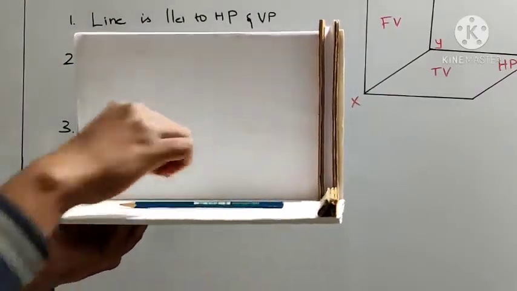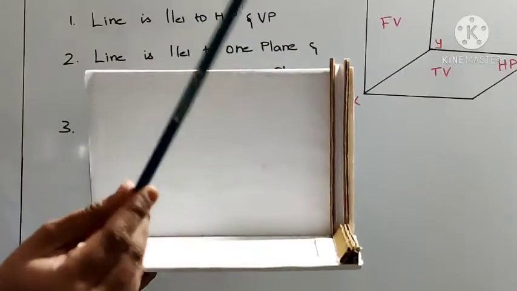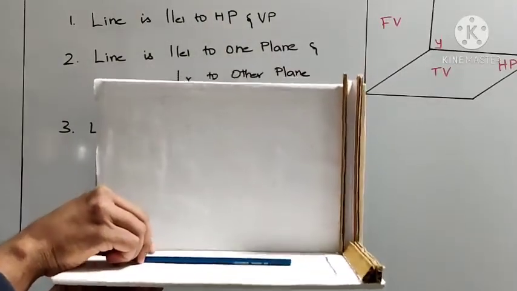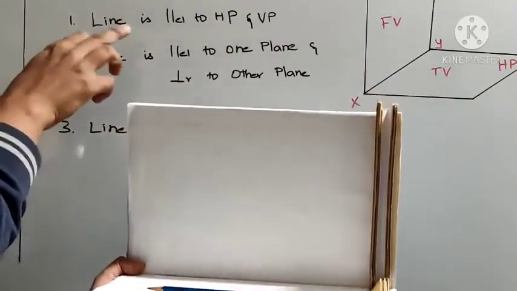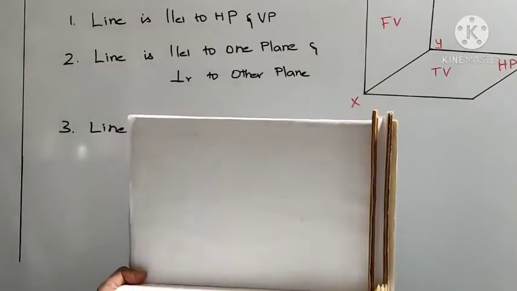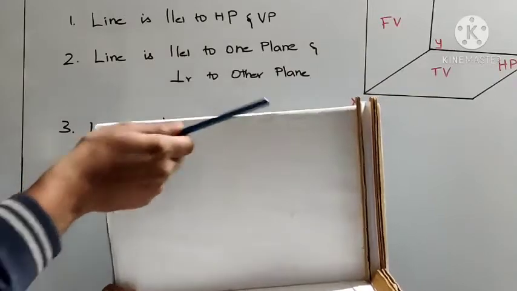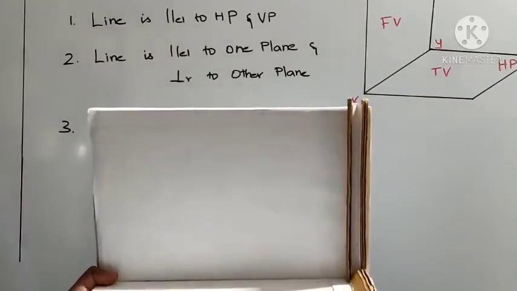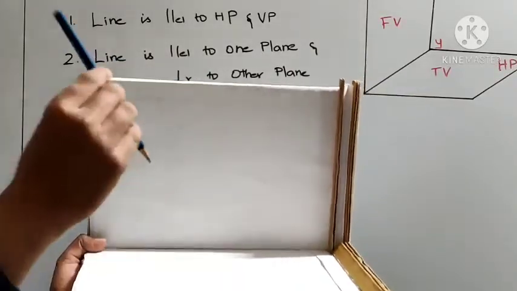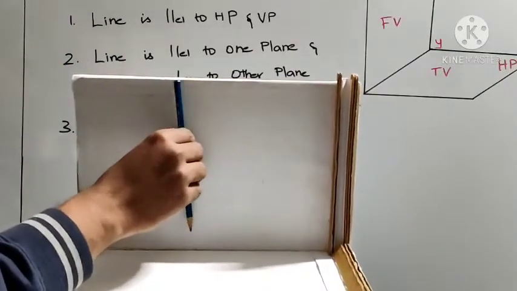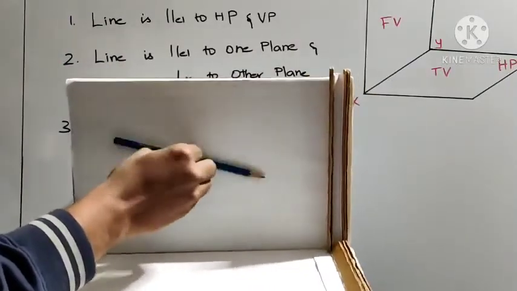See, for example, assume this is my straight line. The pencil is my straight line. So the first case is, the line is parallel to HP and VP. So this is the vertical plane. In order to be parallel to the vertical plane, my line should be something like this.